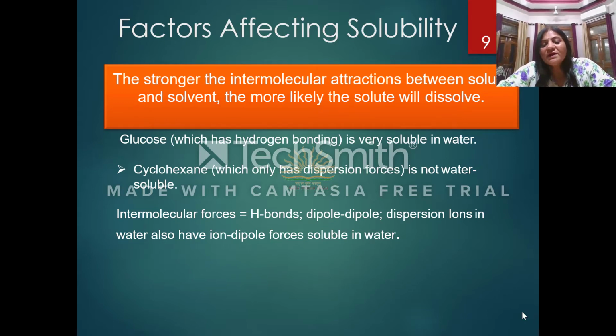Cyclohexane, which only has dispersion forces, is not water soluble. Intermolecular forces include hydrogen bonds, dipole-dipole, dispersion, and ion forces. Water also has ion-dipole forces. This we have already studied in slide 1 or 2.